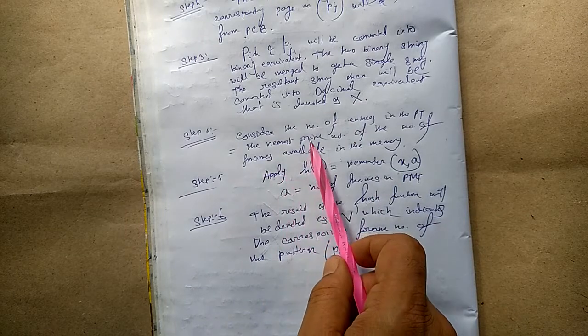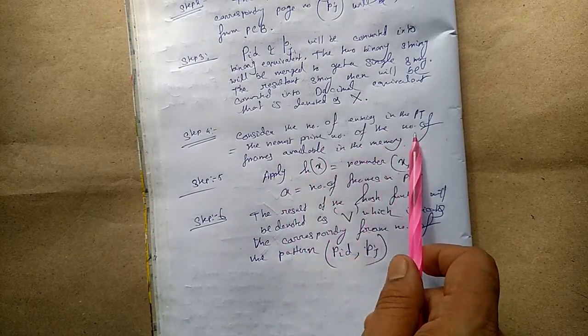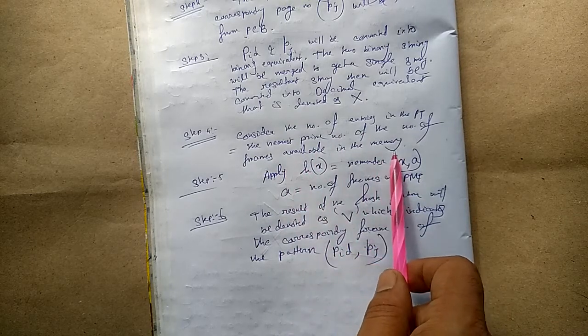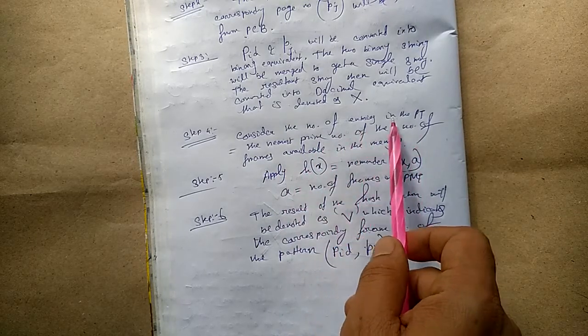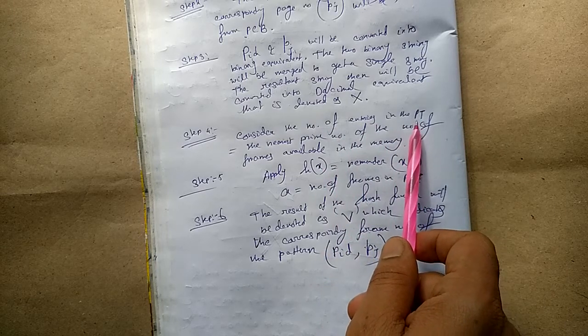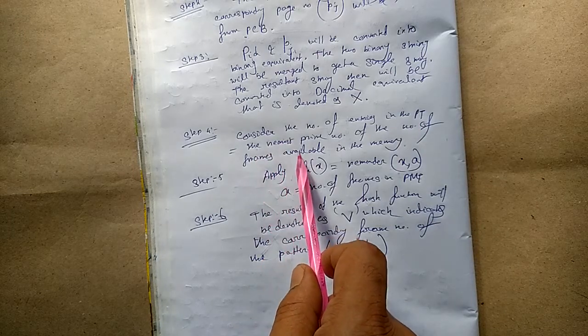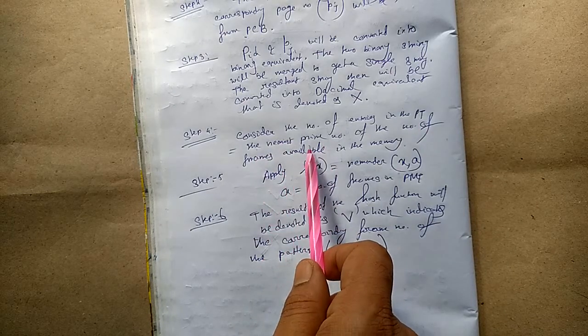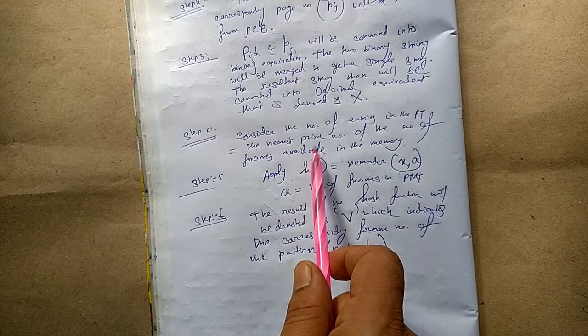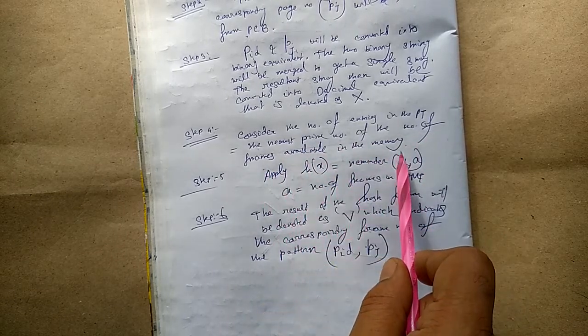Next, step 4, we have to consider the number of entries in the page table equal to the nearest prime number of the number of frames available in the memory. That means if there are 100 page table entries, then we will consider 97, because 99 is not prime, 98 is not prime, 97 is prime.